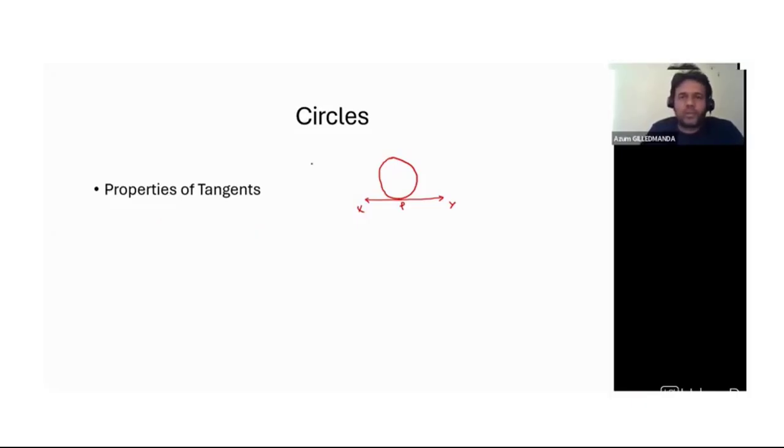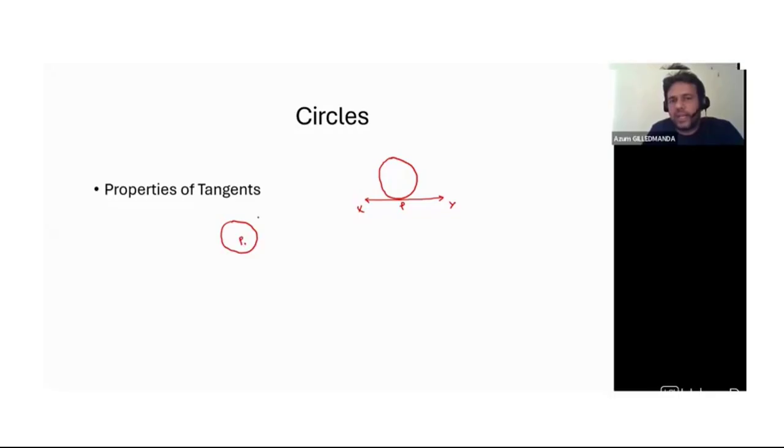Now, how many we can draw? Infinite number of tangents. So let's look at what happens if I have a circle here and I have a point P inside the circle. So can I draw a tangent from a point inside the circle?